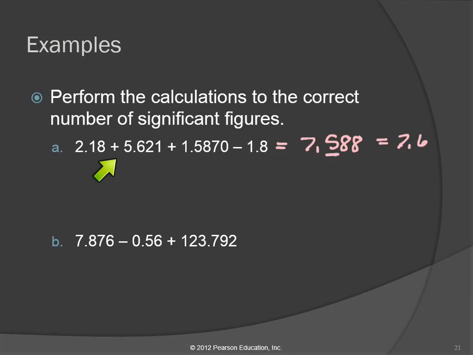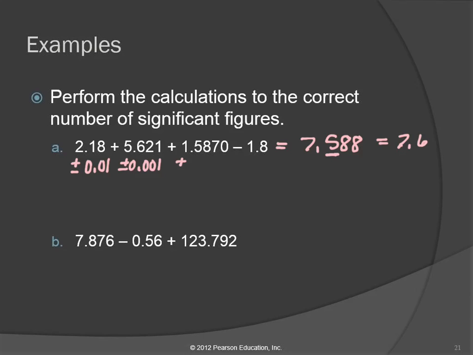So this has uncertainty in the hundredths place, so we could say that this is plus or minus 0.01. This has uncertainty in the thousandths place, plus or minus 0.001.